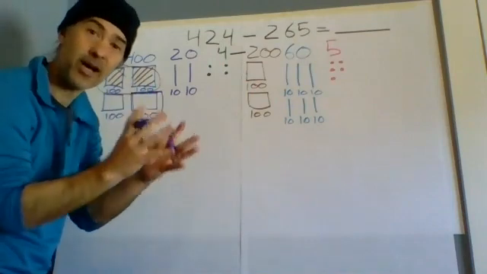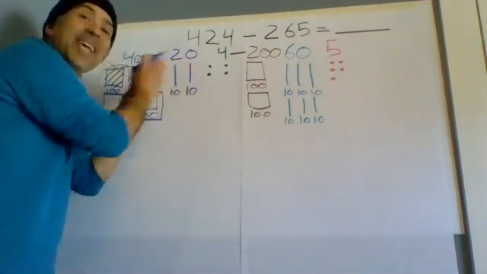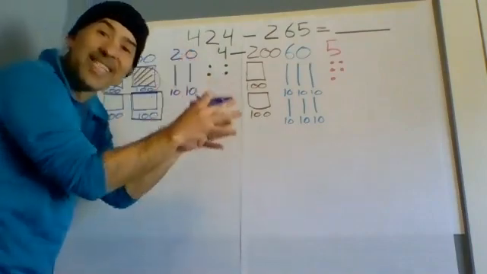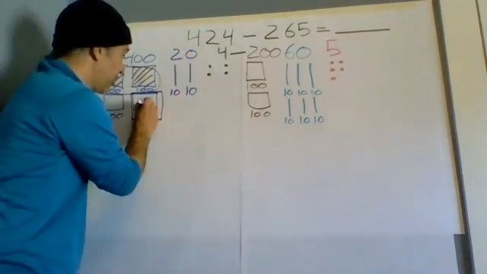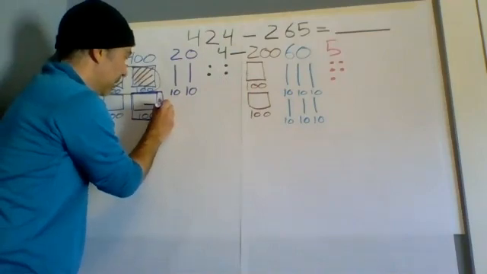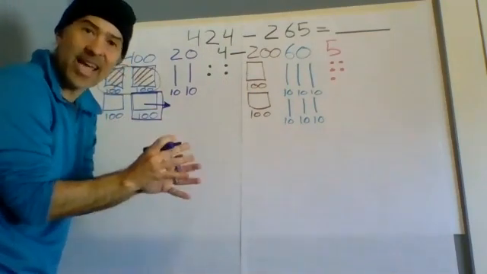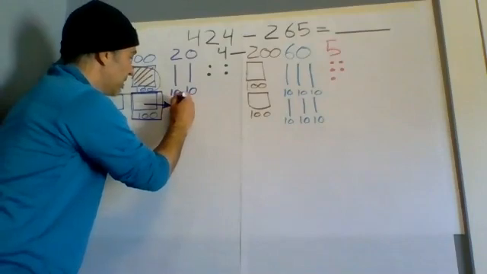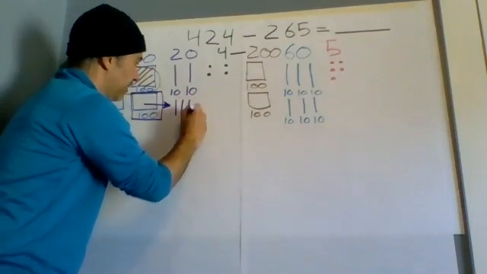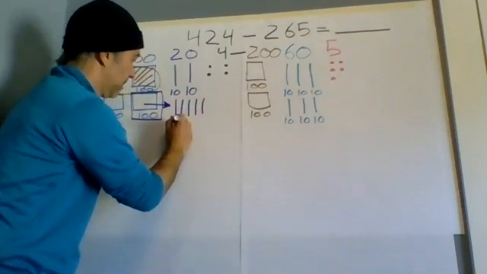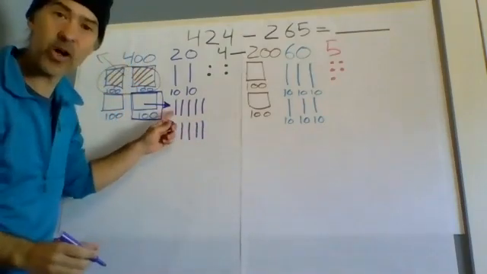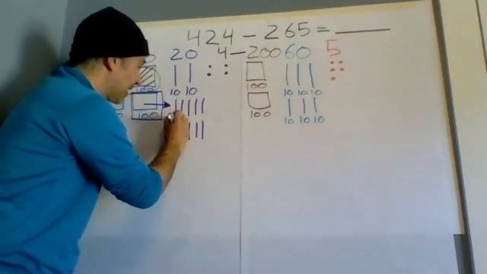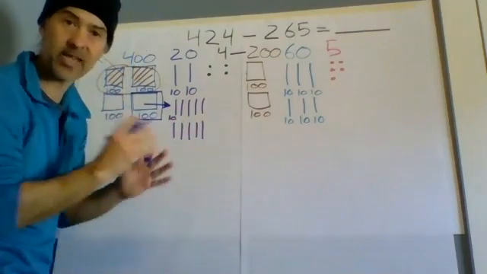I'm going to take my 100, trade it in for 10 tens. So I'm taking my 100 and I'm trading it in for, now it becomes 10 tens. Okay, each one of these is a 10.